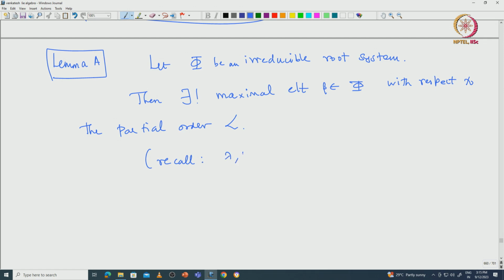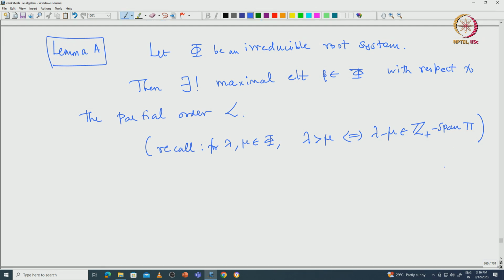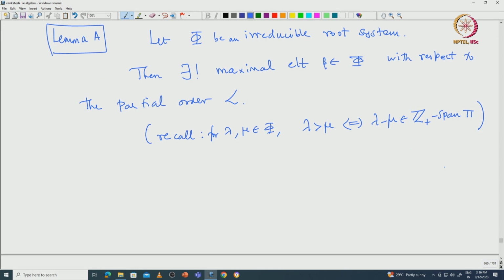So, for lambda, mu in phi, we define lambda greater than or equal to mu if and only if lambda minus mu is a sum of positive roots. That means lambda minus mu is in the Z plus span of pi. This is the partial order. Now this maximal element also satisfies the following properties, and all these properties will be immediate once we establish that this beta is actually unique.